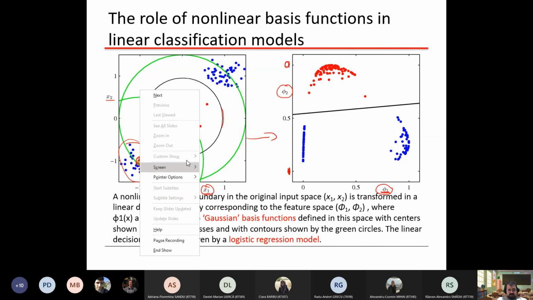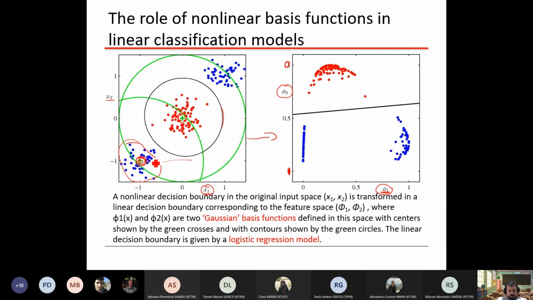The central point will have distance 0, and therefore, since it has distance 0, it will be placed here. So most of the points are relatively close to the center, so we'll have 0 values, and we also have some points that are very far away and that are placed at a distance around 1, and these are these points. Okay, so we have these points translated here and these other points translated here.